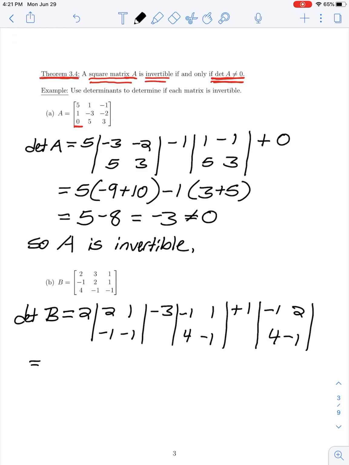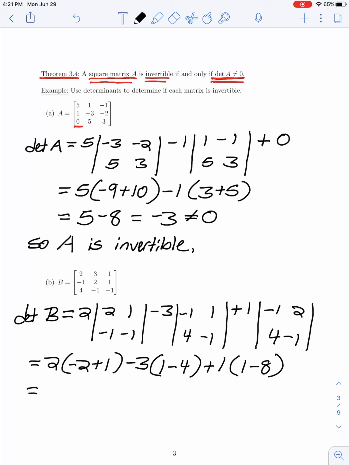So this leaves us with 2 times -2 minus a -1, or plus 1, minus 3 times 1 minus 4, and then plus 1 times 1 minus 8. So altogether we have 2 times -1 is -2.